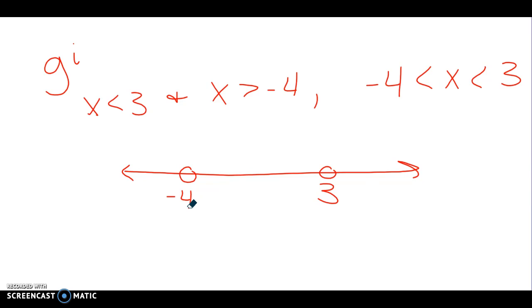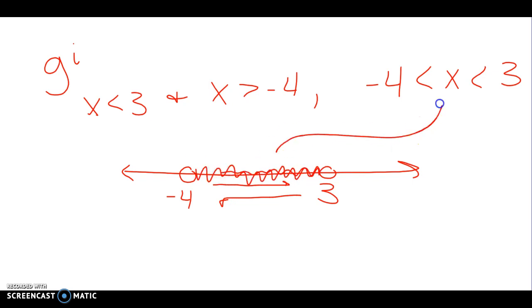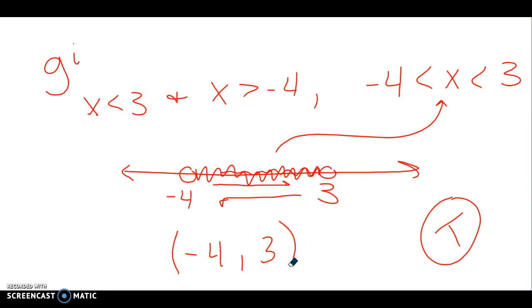It's in the middle, right? Less than 3 and greater than negative 4 would be shaded in between those two numbers. So is this a viable way of writing that inequality? Yes, it is. True. And if we wrote it in interval notation, that would be negative 4 to 3, right? Anytime it is a shaded area between two numbers, you can write it as a compound inequality with x in the middle. So that is a true statement.